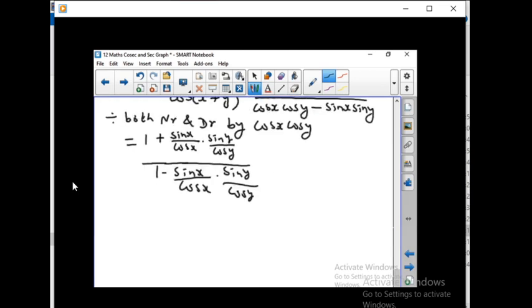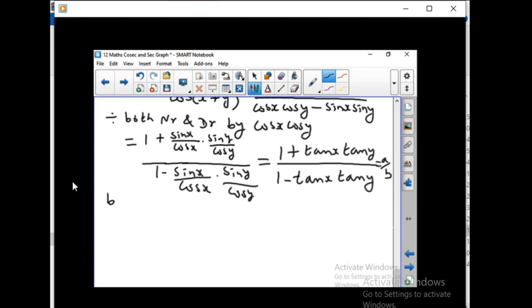So it is equal to 1 plus tan x into tan y by 1 minus tan x into tan y. Now we have to cross multiply this. Okay, so a by b is equal to 1 plus tan x tan y by 1 minus tan x tan y.